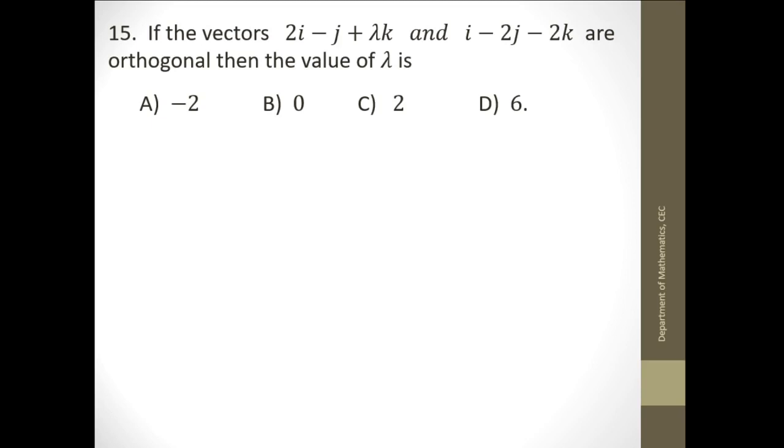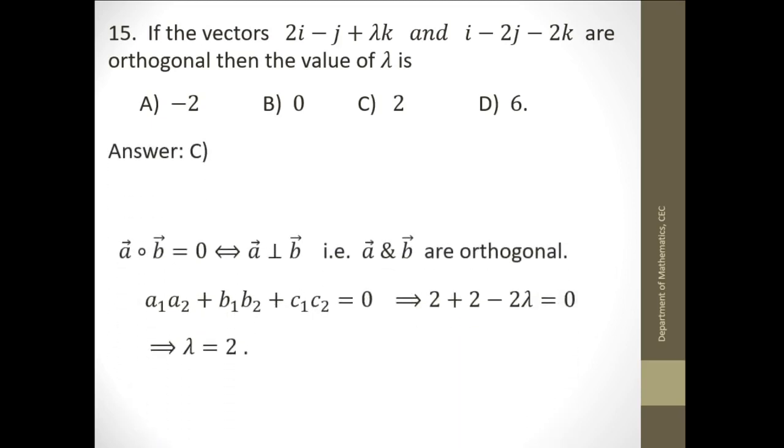So 2 lambda is 4, lambda is 2. So answer is C. A dot B is 0 implies A is perpendicular to B. That means they are orthogonal.